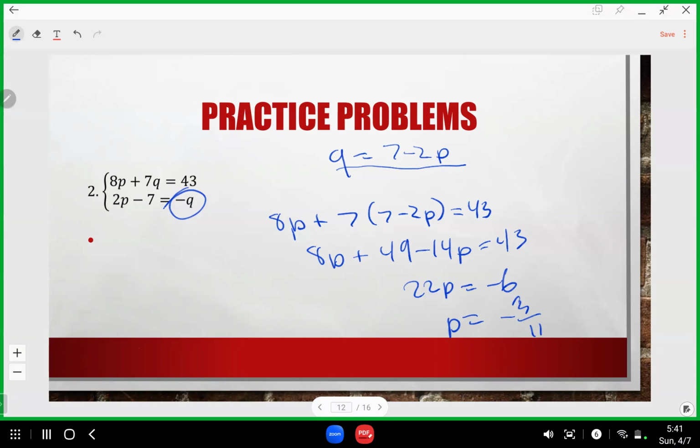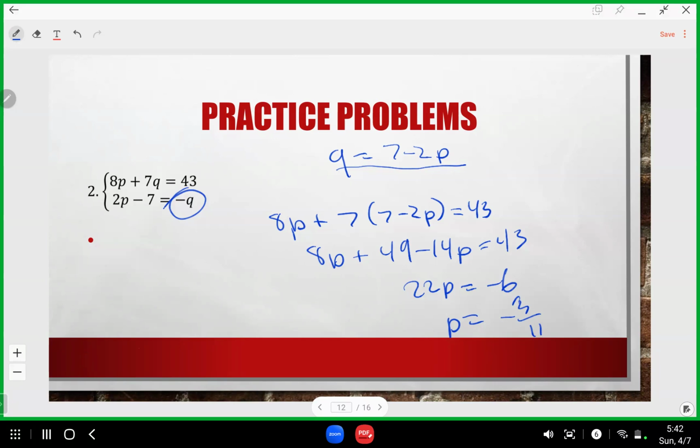So, let's see. 8p plus 7q. Everything should be correct, right? It should be correct, but we're not getting the same answer, which is very strange. Okay, so does anybody see any problem with these calculations?